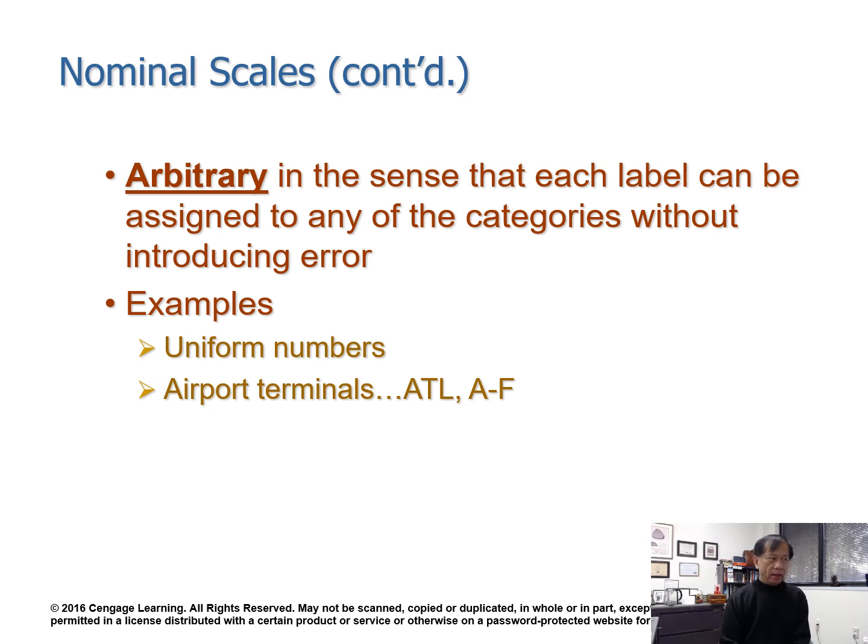And airport terminals. In Atlanta Airport, we have terminals A, B, C, D, E, and F, and international. Also school bus numbers. It's just for identification purposes.